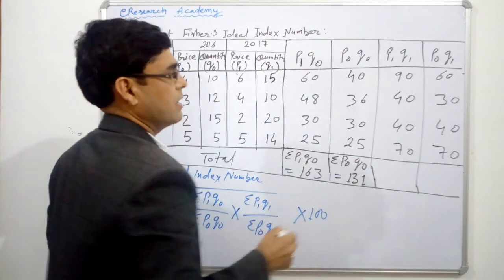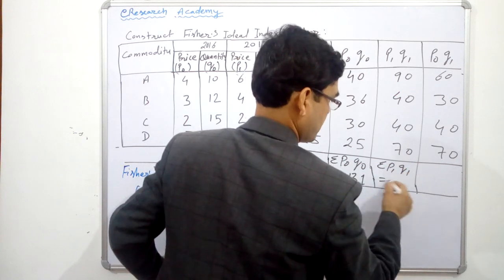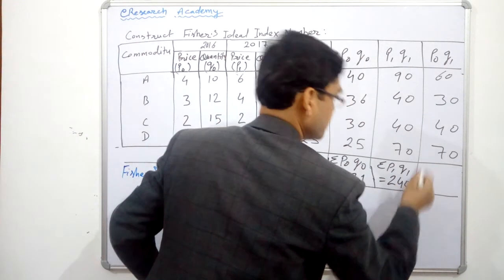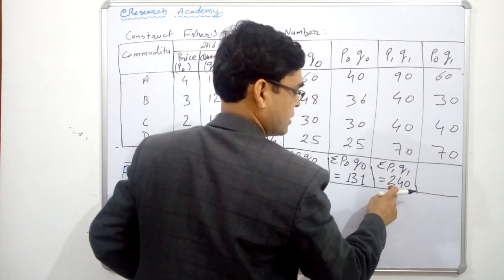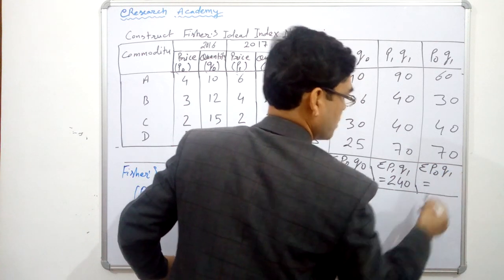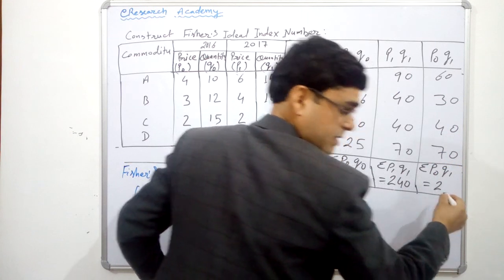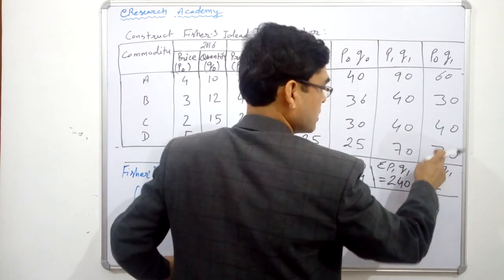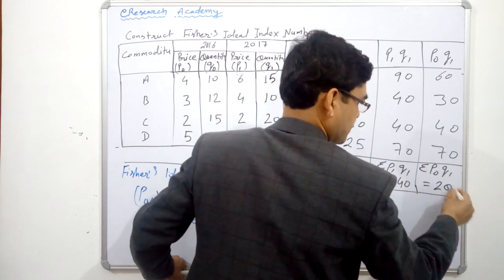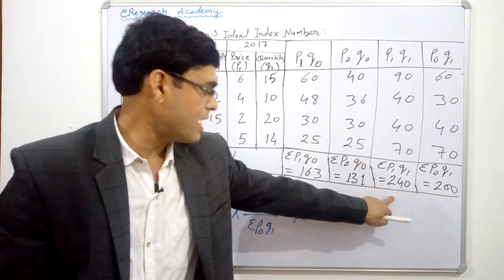Sigma P1 Q1 is 240. The last one, sigma P0 Q1, is 200. So these are the totals we have.